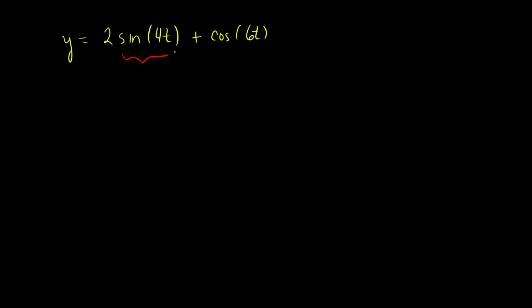My outside on this piece, y equals sine of u, and then my inside, u equals 4t. And then on this piece over here, my outside, y equals cosine of u, and then my inside is 6t.